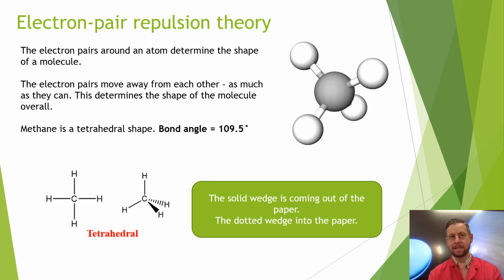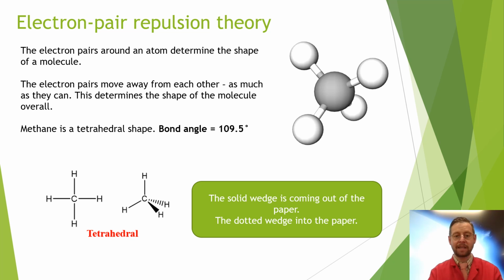It means that, for example, if I had 4 bonds and I had them coming out like spokes of a wheel, that's not the most that they could get away from each other, because what we could do is pull 2 out of that plane into 3 dimensions, and suddenly they've managed to get slightly further apart. The bond angle between them has increased slightly, and that is indeed what does happen.